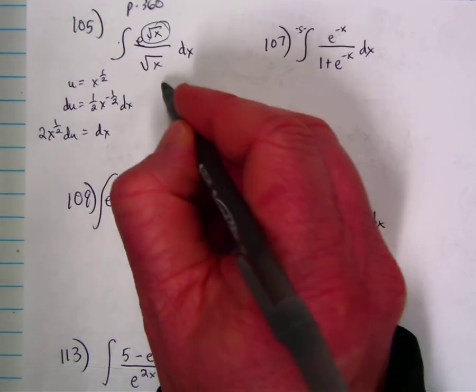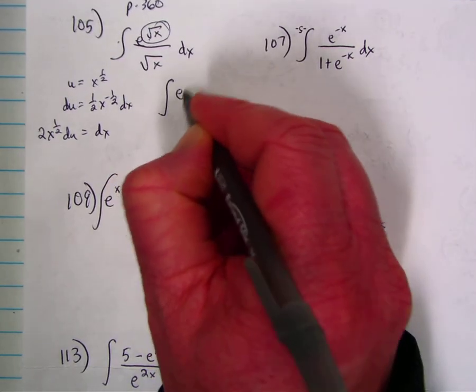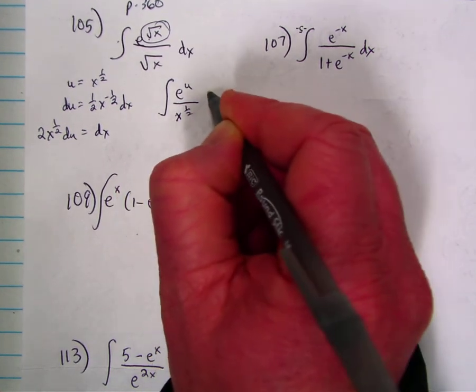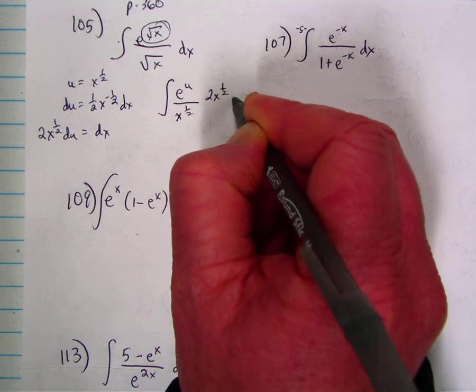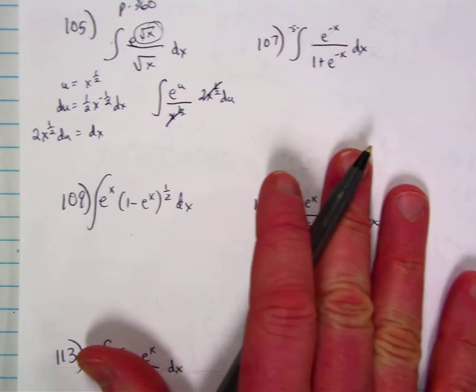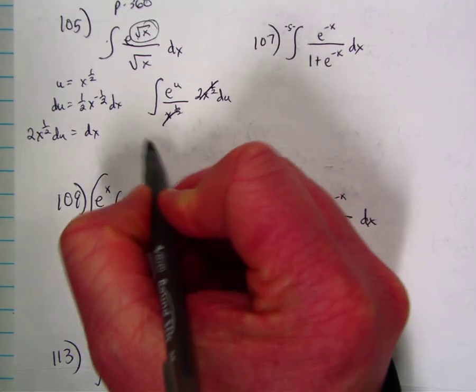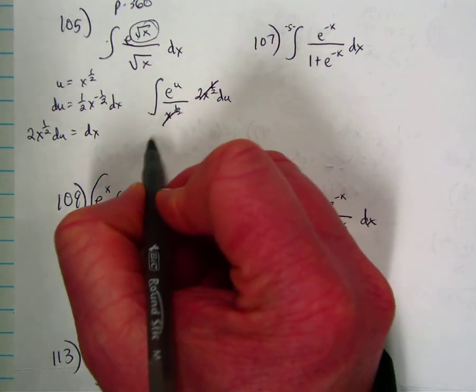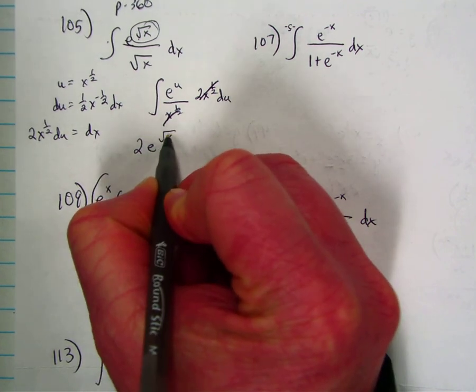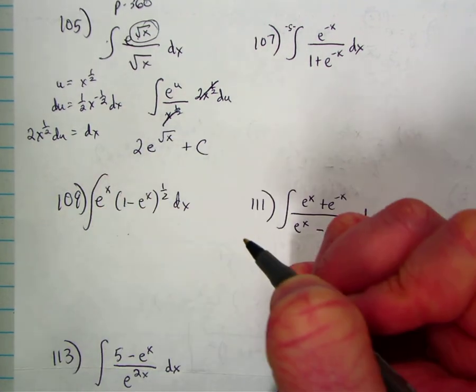Go to substitute, rewrite: e to the u, x to the 1/2, dx is 2x to the 1/2 du. Stuff cancels out. Nice part is you get it down to e to the u. Integral of e to the u is e to the u. When you put your u back in there, all good.